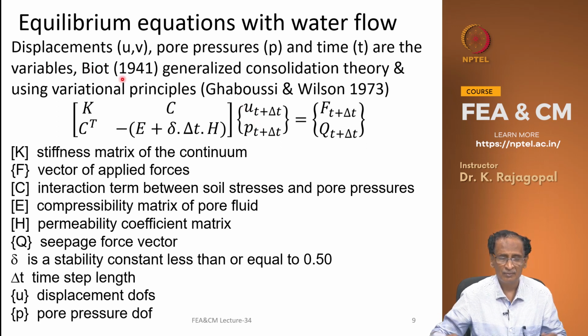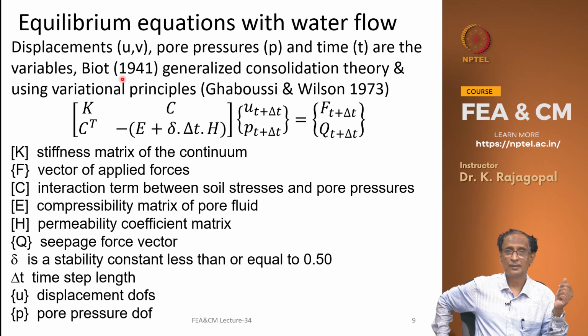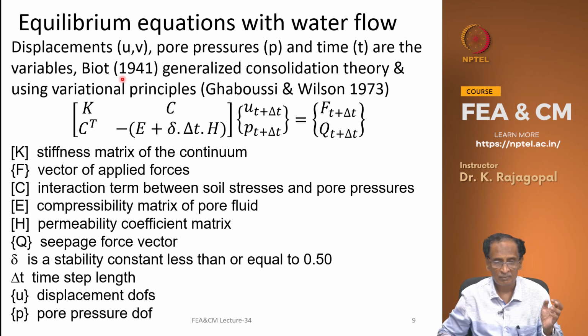One approach that we have is by Terzaghi, but then Biot in 1941 proposed a generalized consolidation theory, which we call the coupled theory, because it couples both the displacements and the pore pressures together along with the compressibility of the soil.